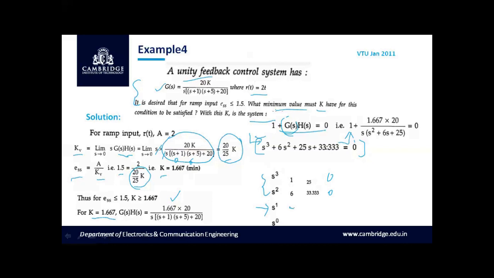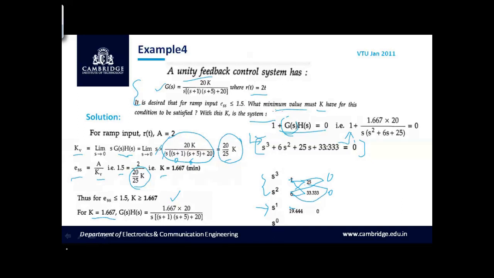To fill up the third row, we have to make use of the previous two rows as a reference, and the third row first element can be written as 6 into 25 minus 1 into 33 divided by 6. Hence I get 19.44, and the third row second element will be equal to 0.